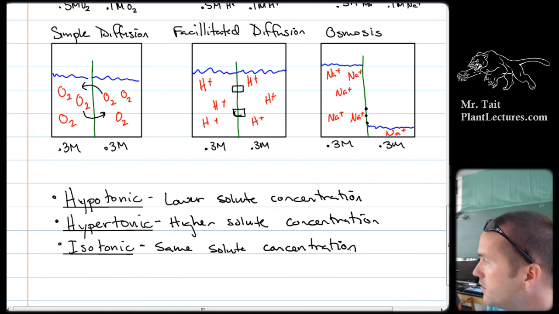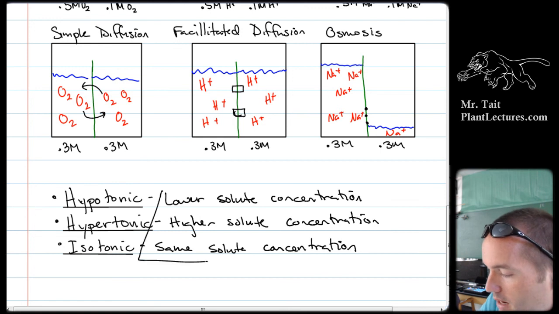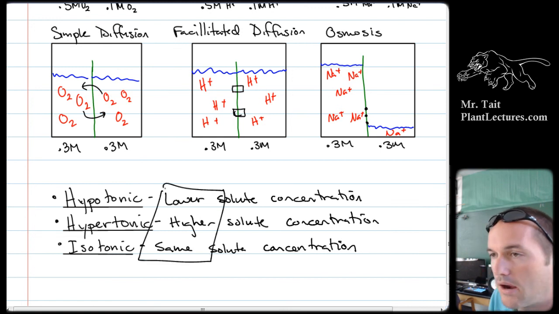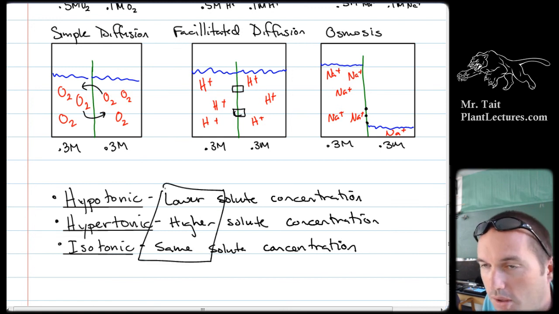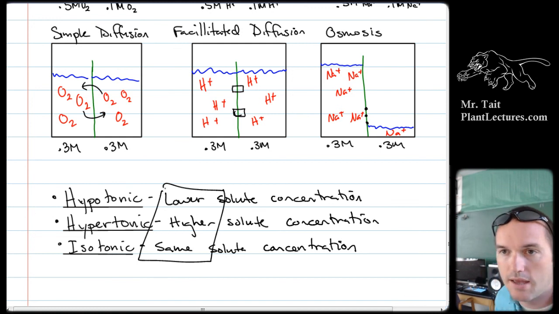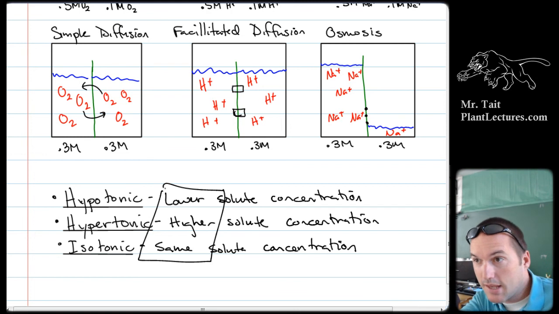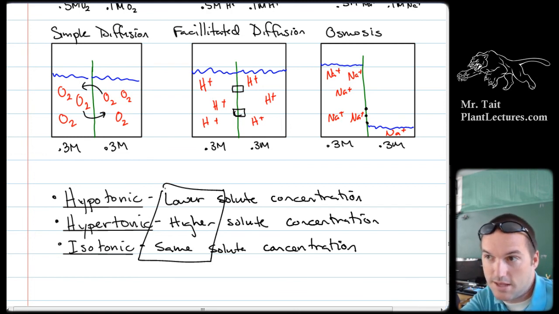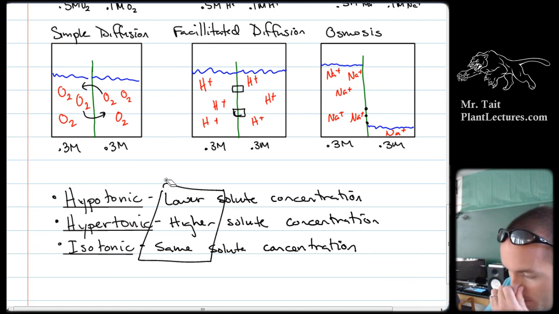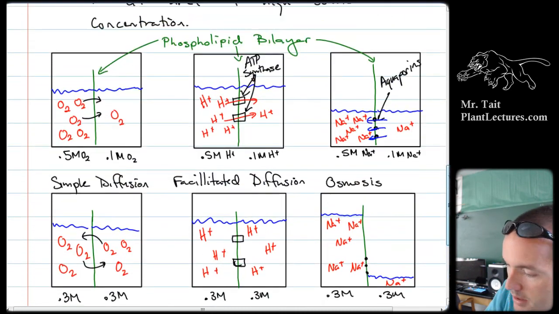Now, I want you to notice these words right here. Lower, higher, and the same. Those are all comparative words, right? I can't show you a single beaker and say, is this isotonic, hypertonic, or hypotonic? Because you can't, that's not a thing. It has to compare it to something, right? But we can say up here, we're talking about the 2 sides.